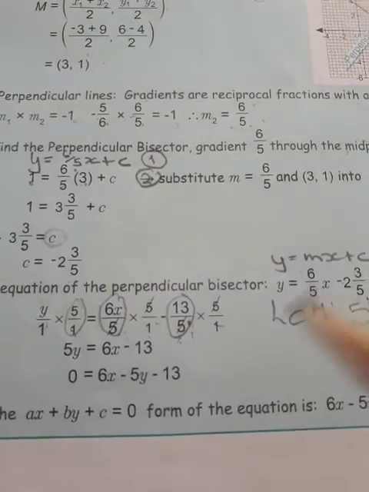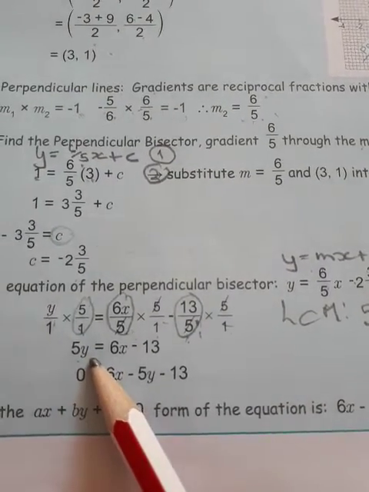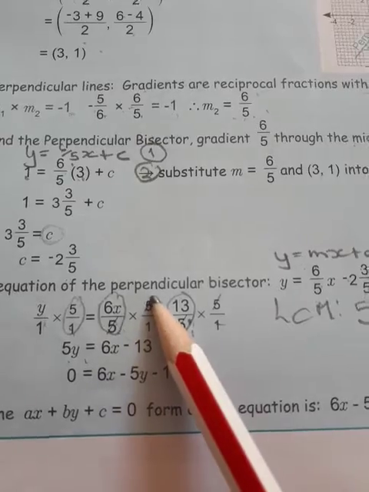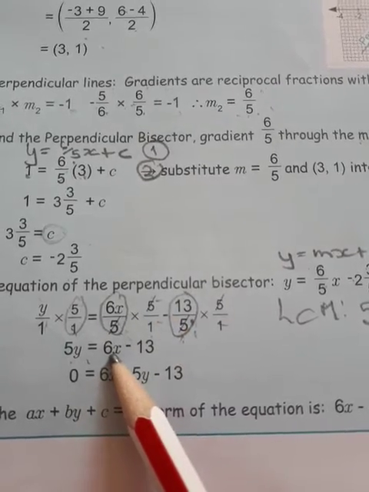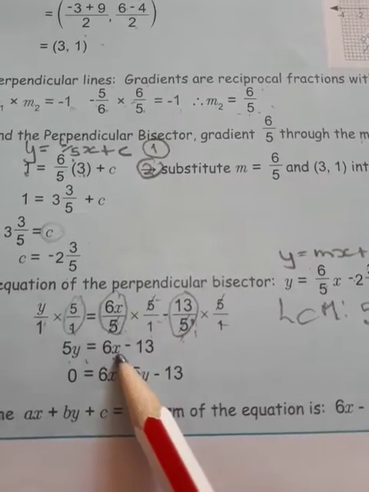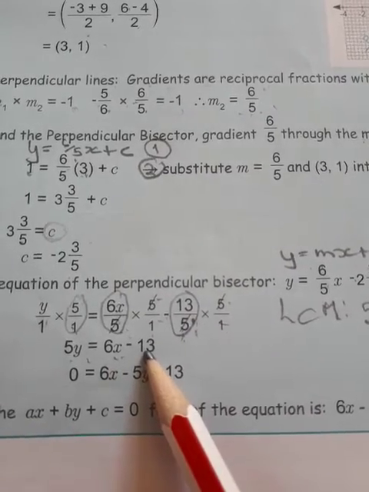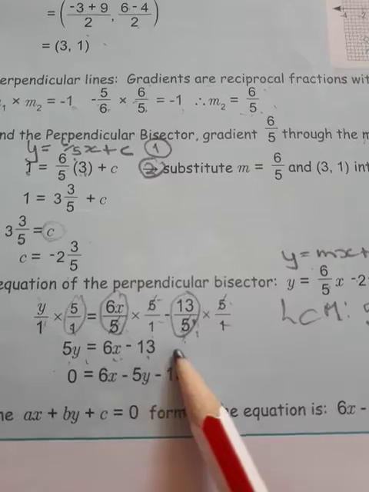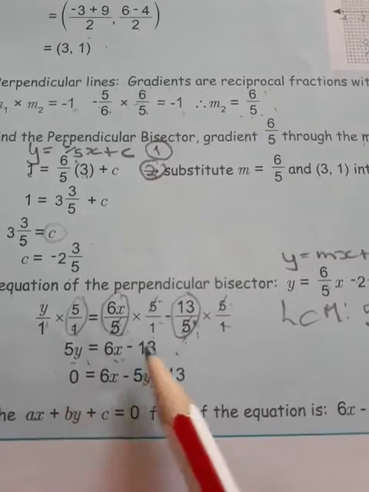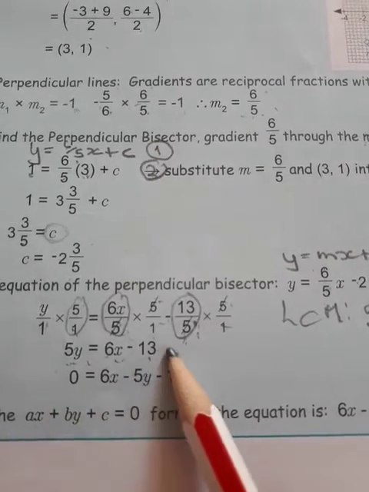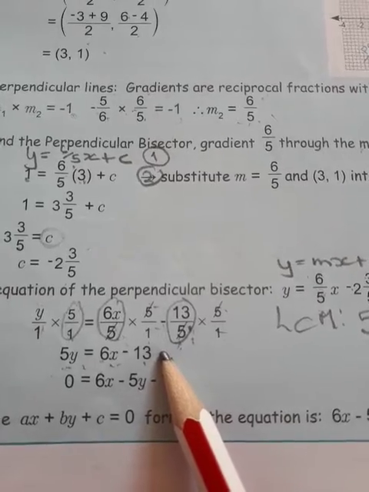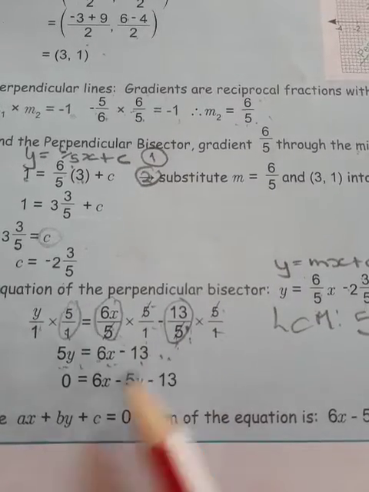When you then calculate the left hand side, you get 5y. Here we can cancel the 5's. It gives me 6x minus, and here we can cancel the 5 again, which gives me 13. So now if you look at that, you've got whole numbers. They are all integers, but it's not yet in the format of ax.